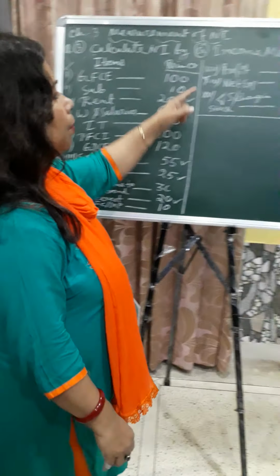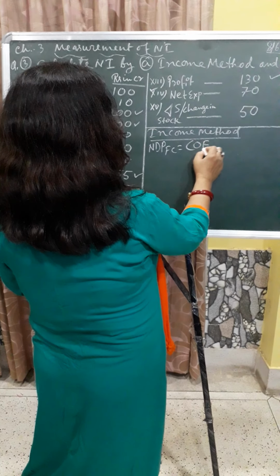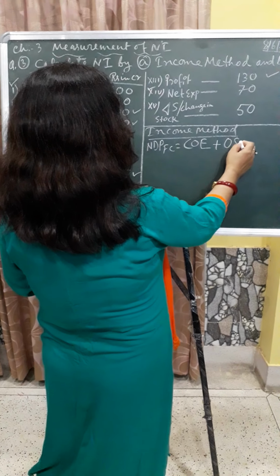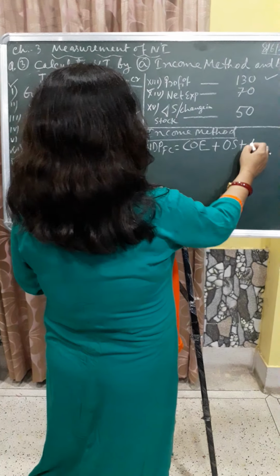In NDP-FC you have to take COE plus operating surplus plus MISE. COE is not given directly here, so we need the elements of COE: wages and salaries plus social security.